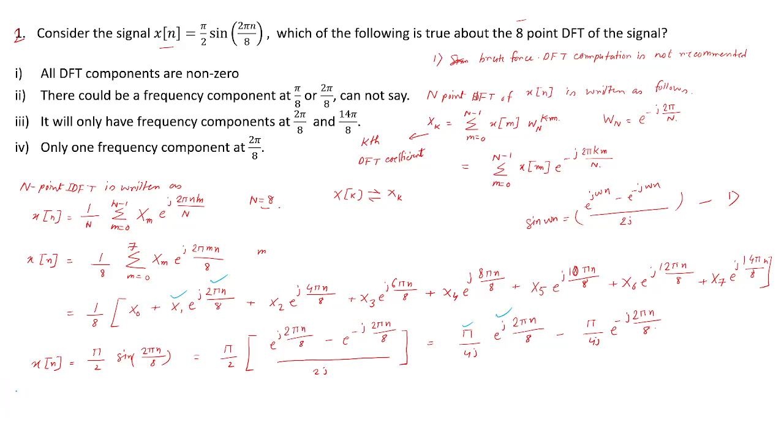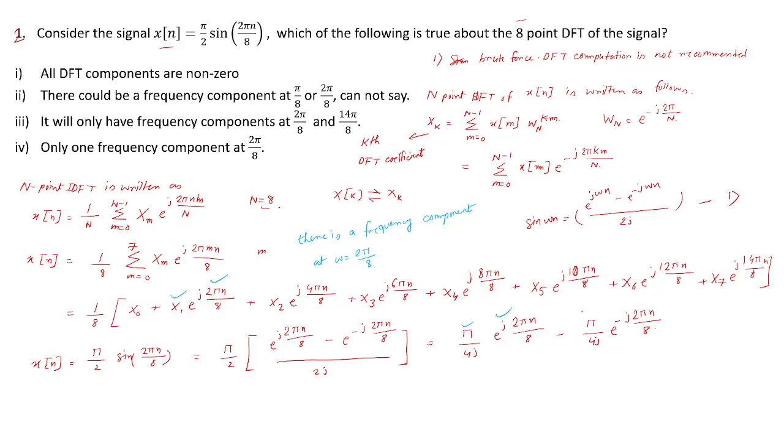Let me write it down. There is a frequency component at omega equal to 2 pi by 8.